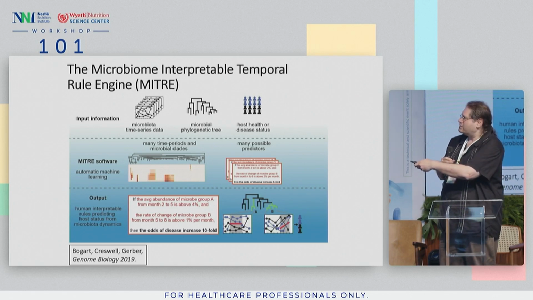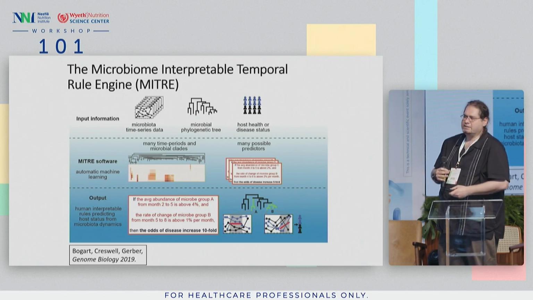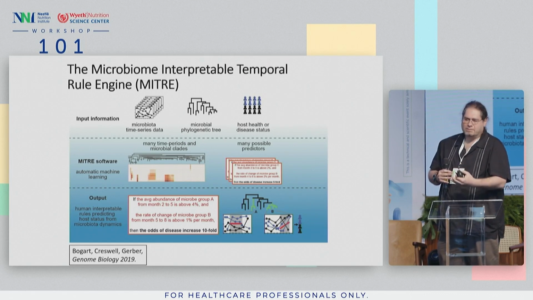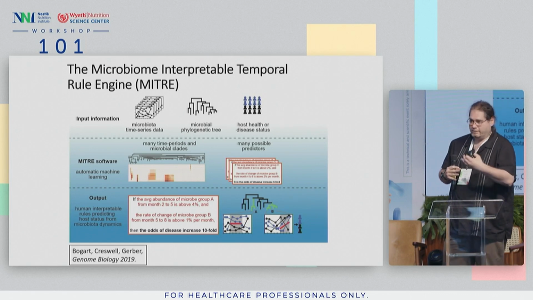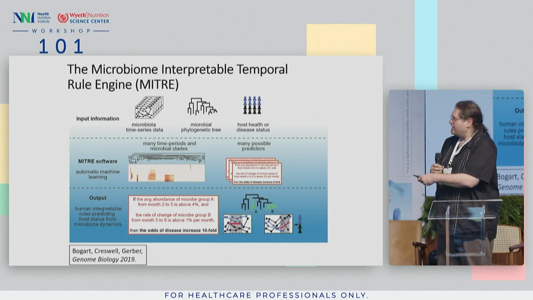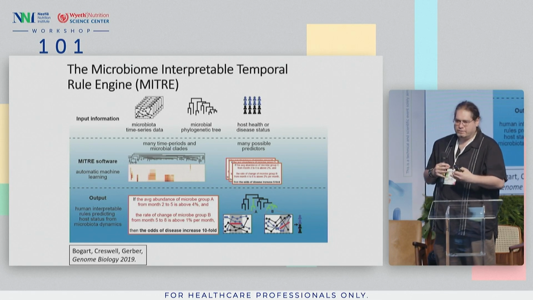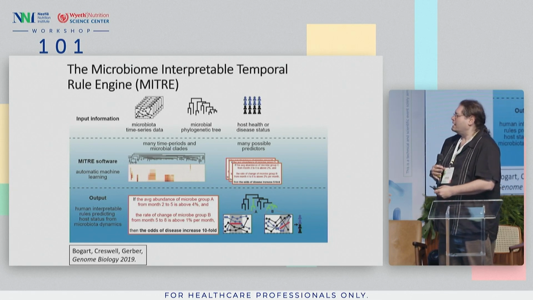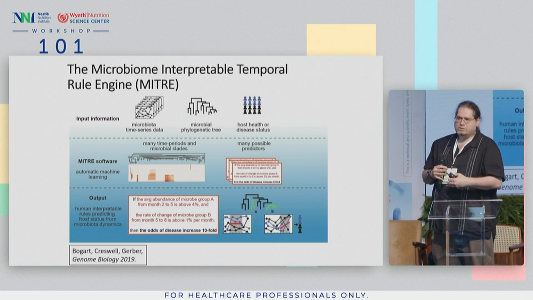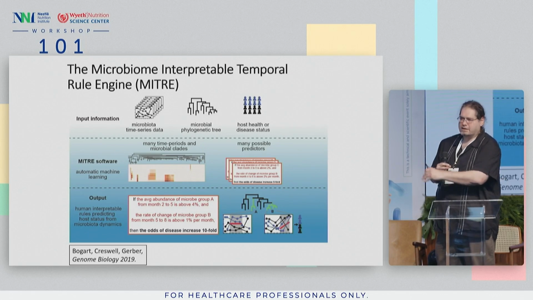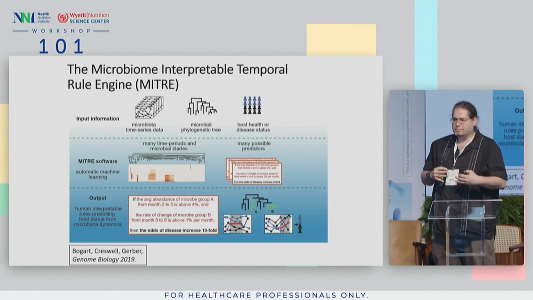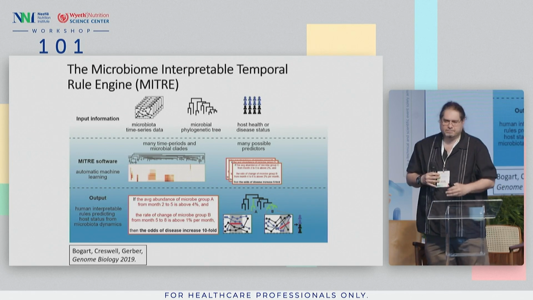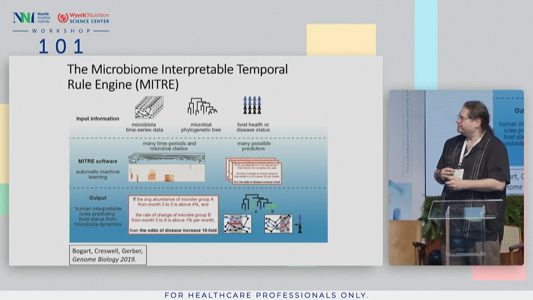And then this is a so-called supervised machine learning task. So we are trying to predict something, so we require information about the host as well. That goes into a piece here that infers from that data. And then what I want to draw your attention to is the output, which I'll go over in the next slides. But these are human interpretable rules that predict whatever the outcome is.